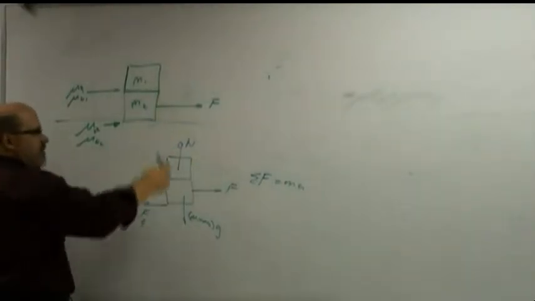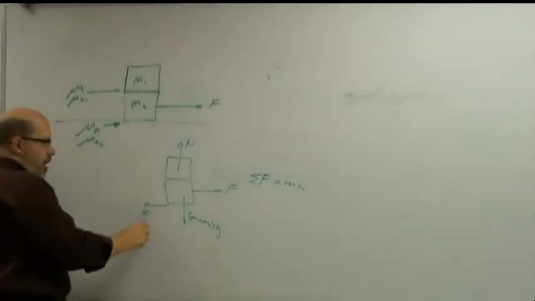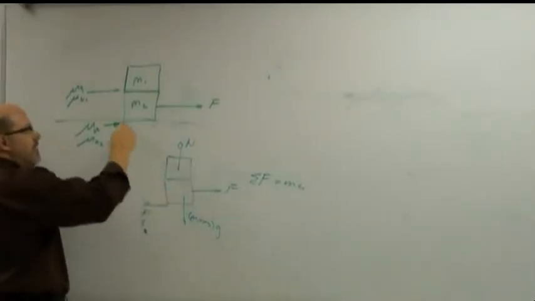Okay, everybody, that first free body diagram on the board is for no slippage. If you have no slippage, all we have here is kinetic friction as the whole thing slides to the right.